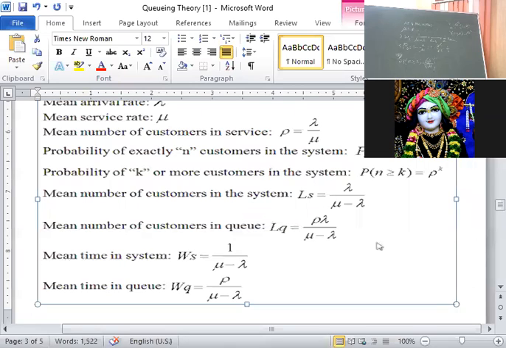Actually, ma'am, that statement is confusing because it is saying that we have to find the customers who are waiting in queue, and here we are using the formula for customers in the system.